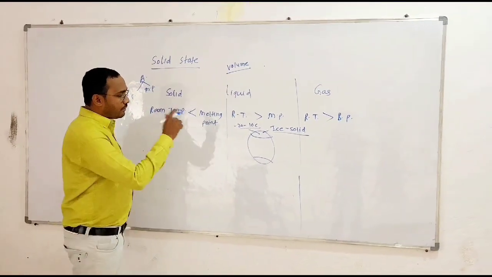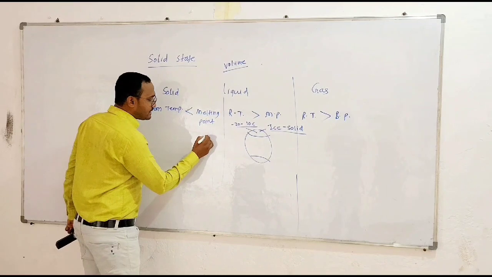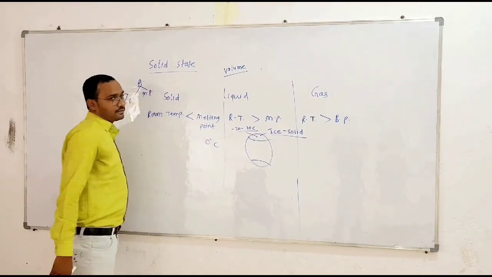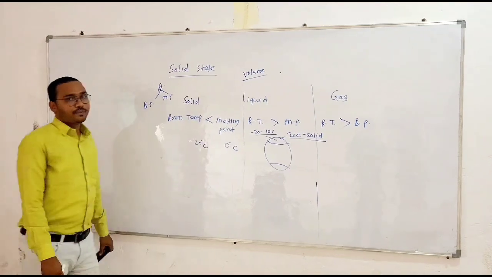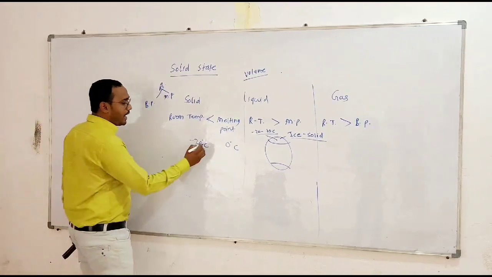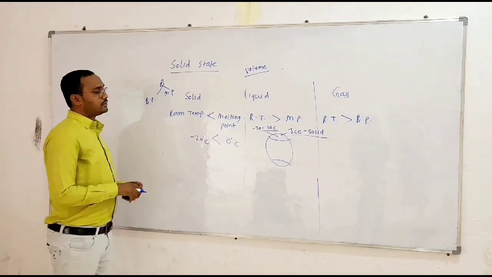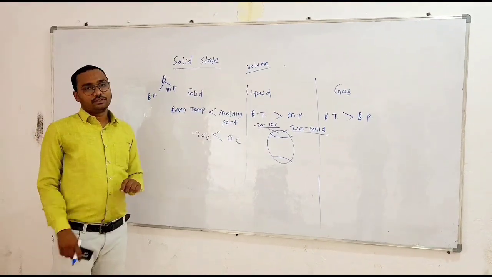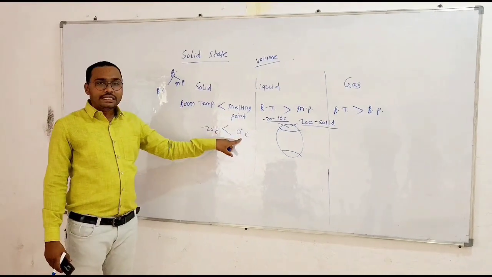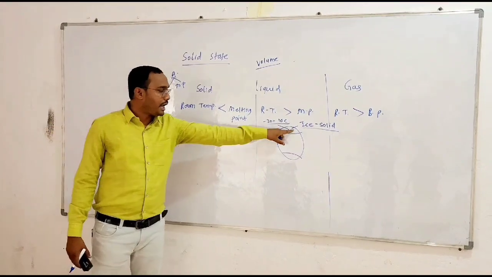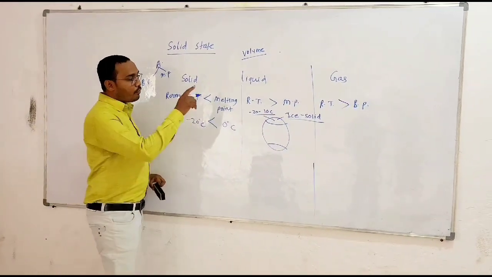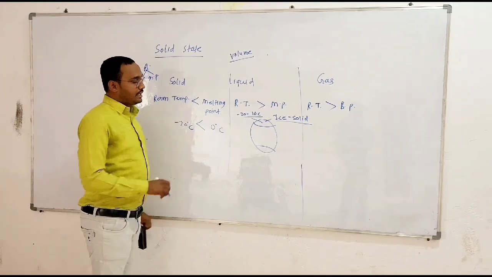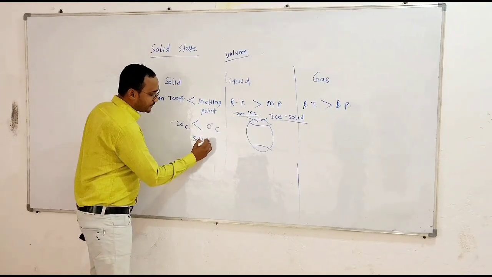When we compare boiling or melting point of ice, that is 0 degrees Celsius, and the room temperature is minus 20 degrees Celsius. Which temperature is more or higher? That is your melting point. So melting point is 0 degrees Celsius, room temperature in the polar region is minus 20 degrees Celsius. Then we can say that water present in the polar region is in the solid state.